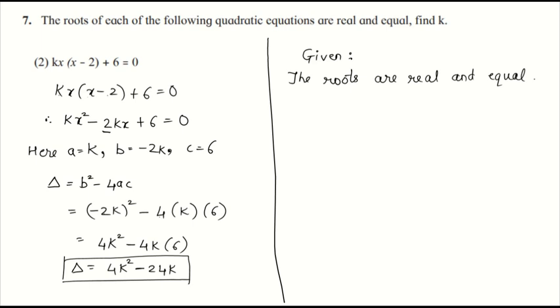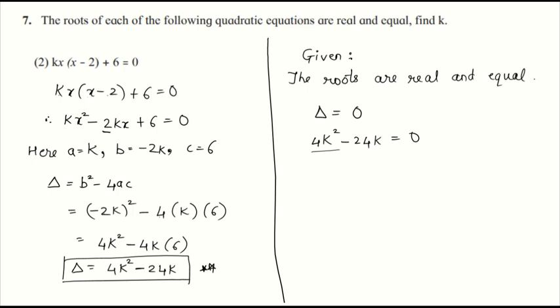It is already given that the roots are real and equal, which means delta is equal to 0. So delta is 4k square minus 24k is equal to 0. Here we can take 4 as common, as 24 comes in the table of 4, and k is also common in both.